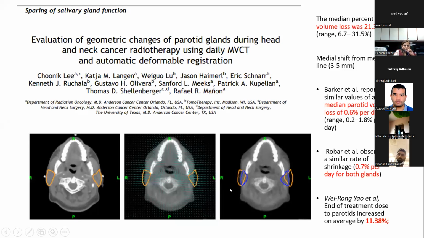This fact is important in head and neck cancers: the parotid glands shrink, and they move from lateral to the medial position.